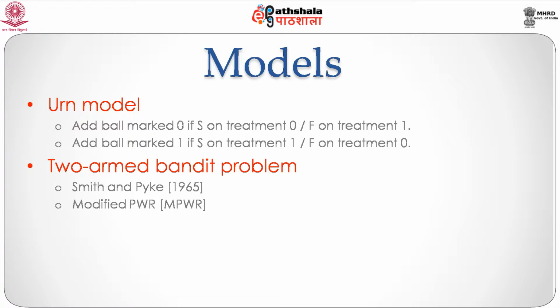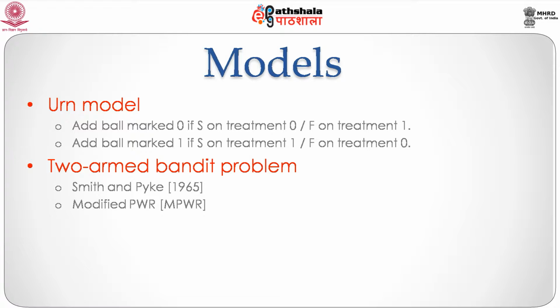So, for example, we may consider an urn model and balls placed into the urn. A ball marked with a 0 is placed into this urn whenever success is obtained with treatment 0 or failure is obtained with treatment 1.